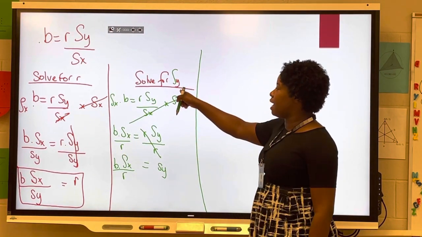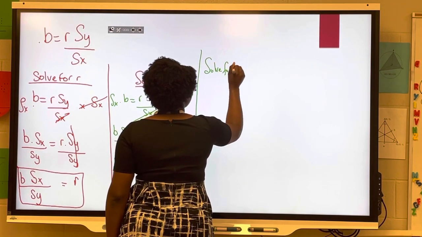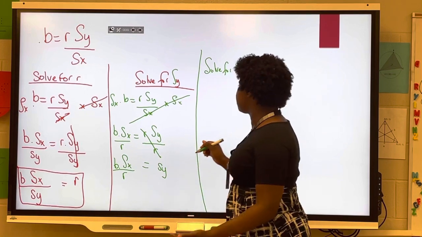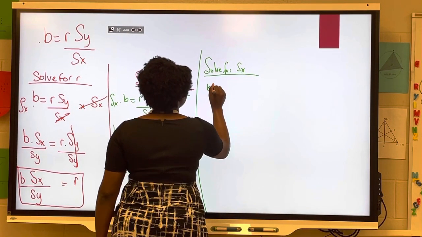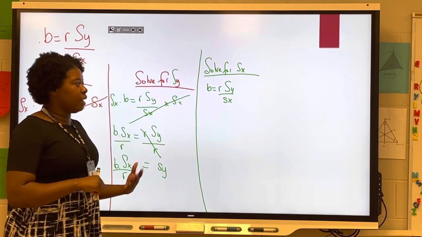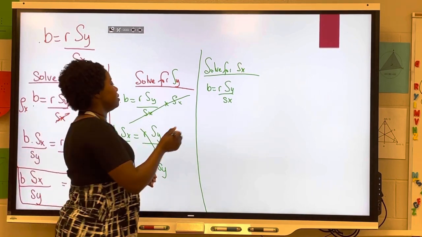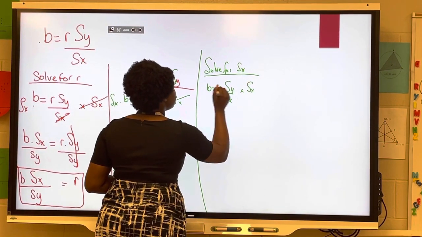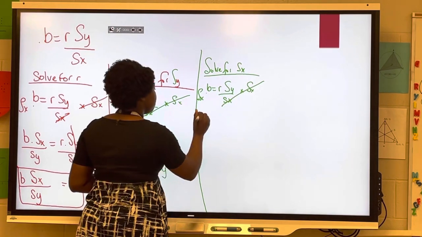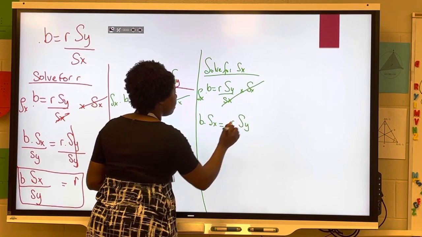If you want to find sx, we basically carry out the same operation we did for the first one. So b is equal to r sy over sx. You're wondering, how can I solve for sx if sx is already in the denominator? The same thing happens. We multiply by sx on both sides, so this one cancels that. So b times sx is equal to r sy.